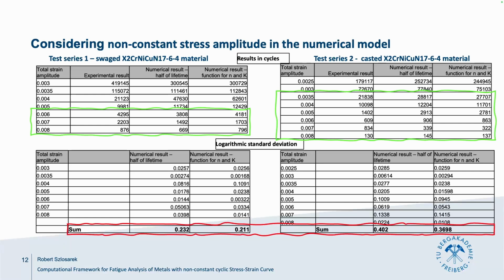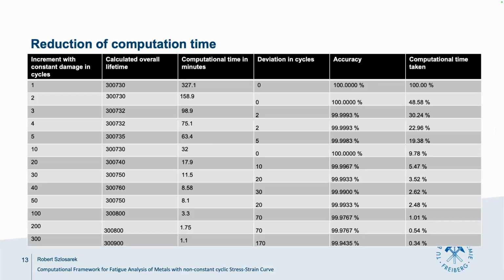One disadvantage of the method is that we have to do the lifetime calculation each cycle. Normally with constant parameters, you solve the equation one time, you have the lifetime, that's it. Now we have to do it each cycle, so this costs more computational time. Therefore, I'd like to show my last approach to reduce this issue: keeping the parameters constant, maybe for 10 cycles, 50 cycles or something.